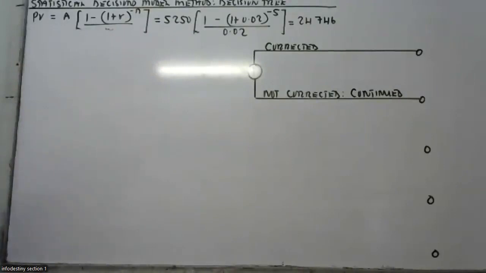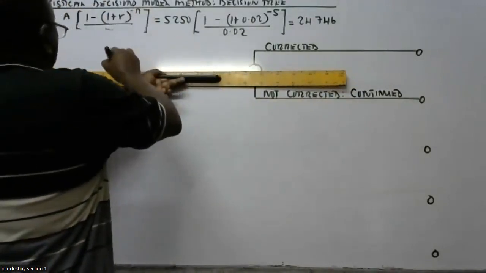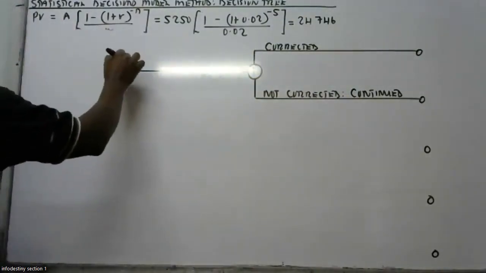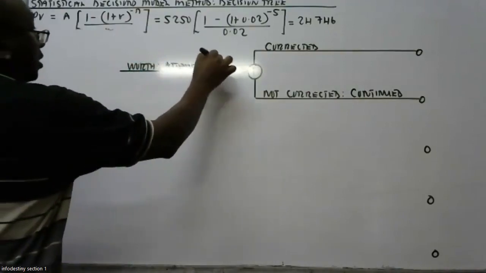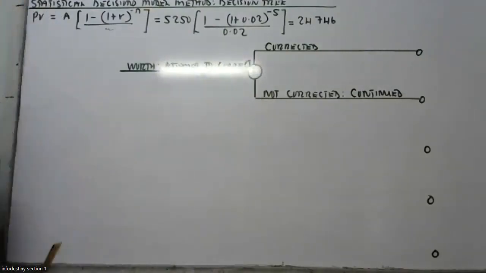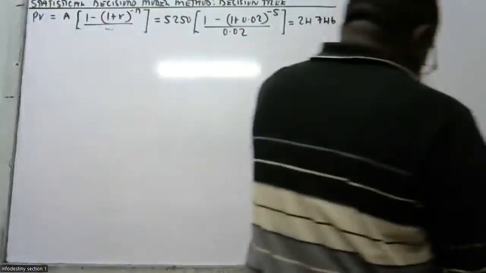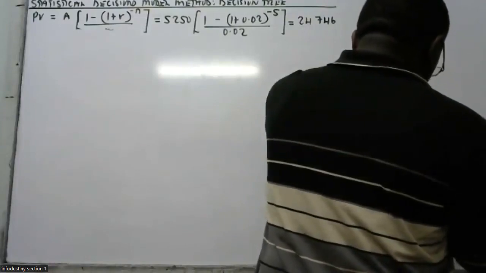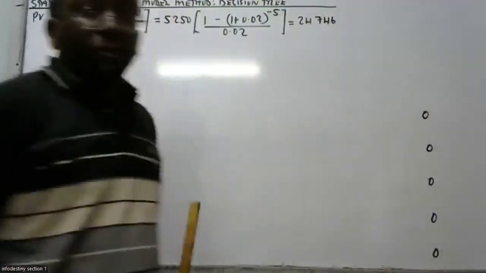Sorry, I think I'll have to change because that reflection is affecting my work. Let me do it this way: 1, 2, 3, 4, 5.